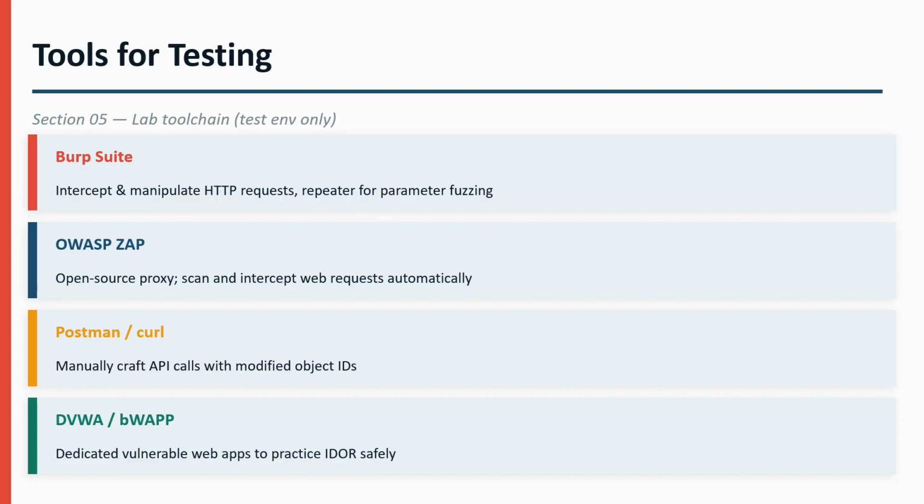Postman and curl are great for manually crafting API requests with modified object IDs, especially for testing REST APIs. And for practice environments, DVWA and bWAPP are purpose-built vulnerable applications that let you safely practice IDOR and other vulnerabilities without any legal or ethical risk.